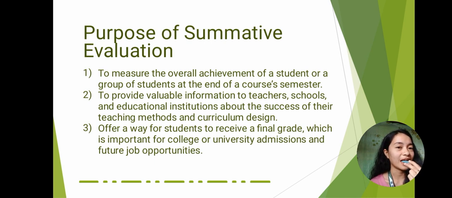For example, if most of the students in a class garner high scores after the conduct of the summative evaluation, then it basically means that the teaching methods or strategies employed by the teacher are effective.